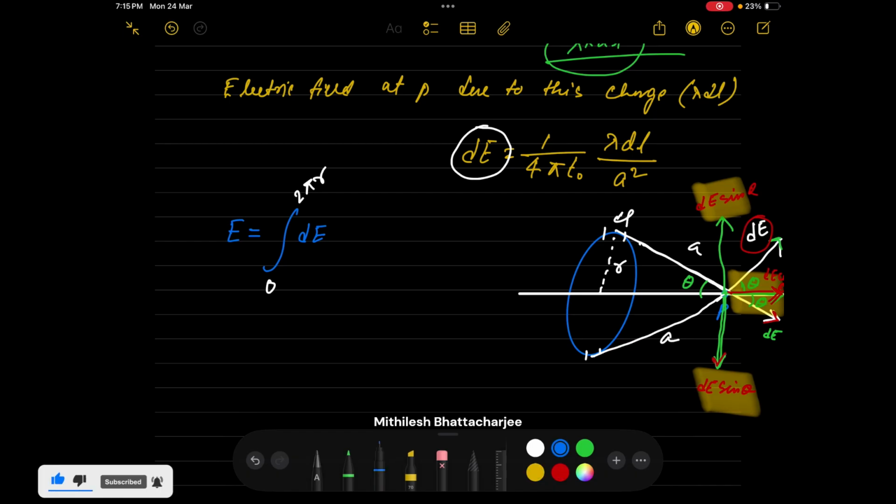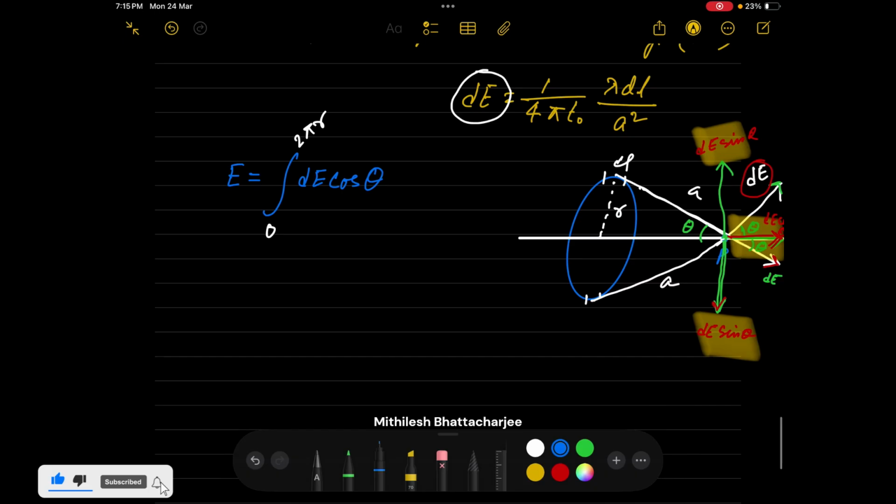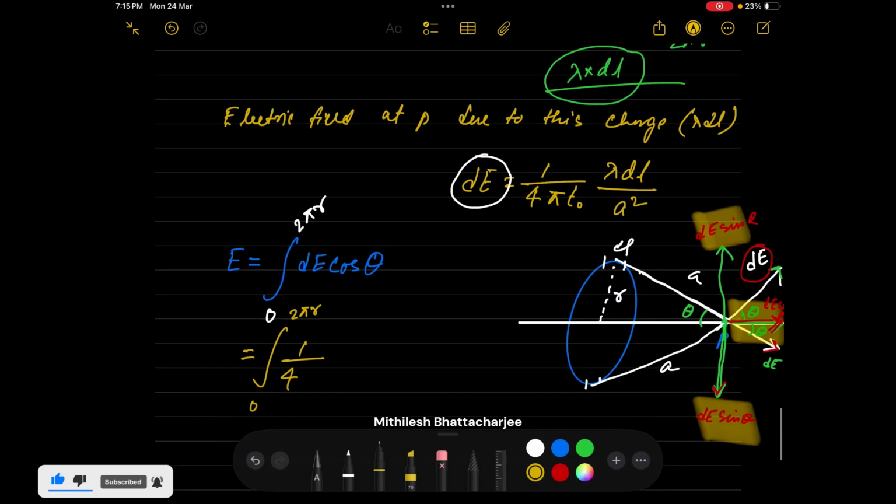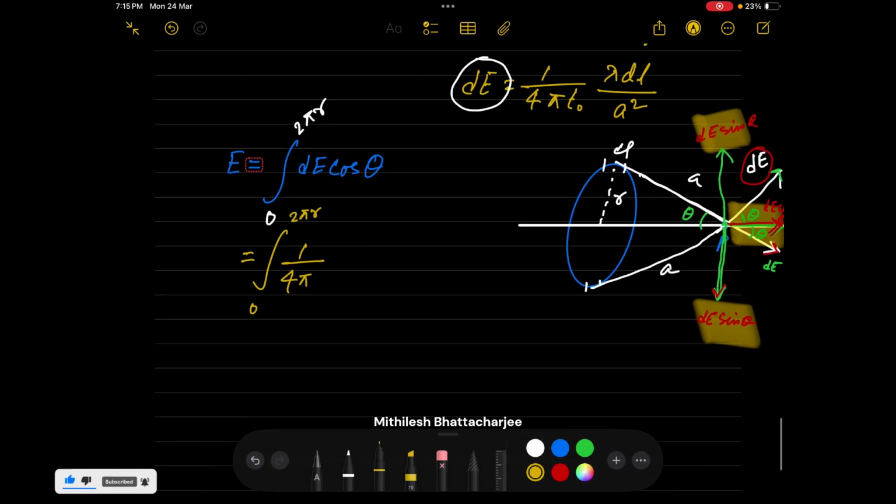So we have to write the dE cos theta component, where dE is 1 by 4 pi epsilon naught lambda dl by a square.